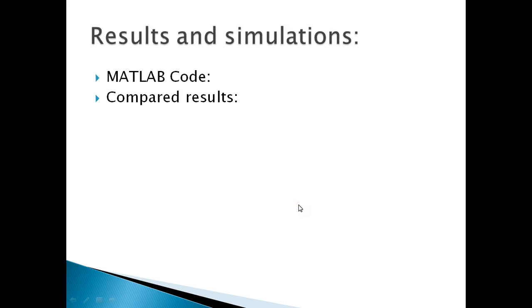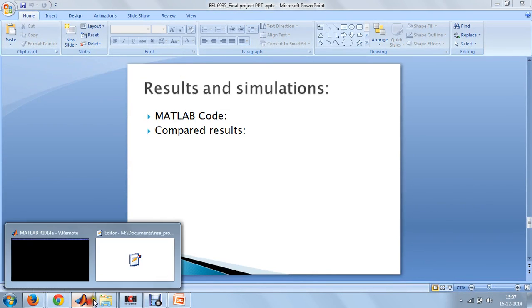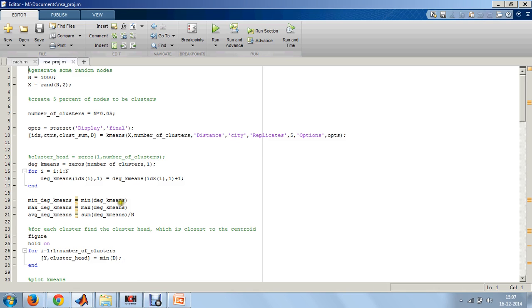Okay, so it's time for the MATLAB code and results. Here is my main MATLAB code. What it's doing is that for one instance I have taken n equals 1000 as the total number of nodes. They are distributed randomly, and usually we take 5% to 10% as cluster heads. So I'm going to take the number of clusters as 5%.